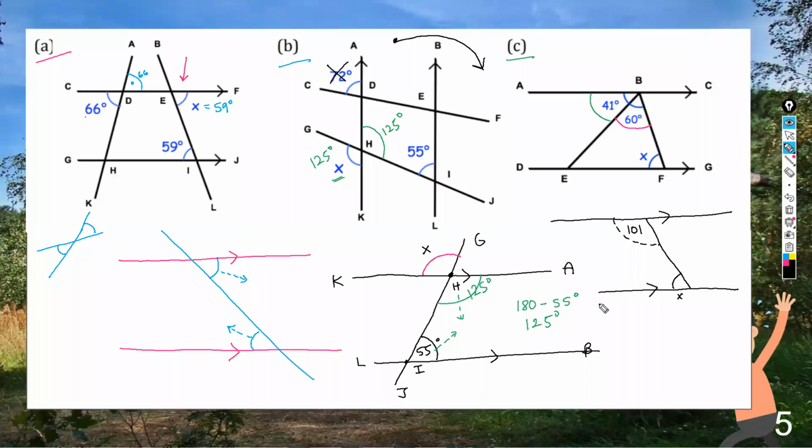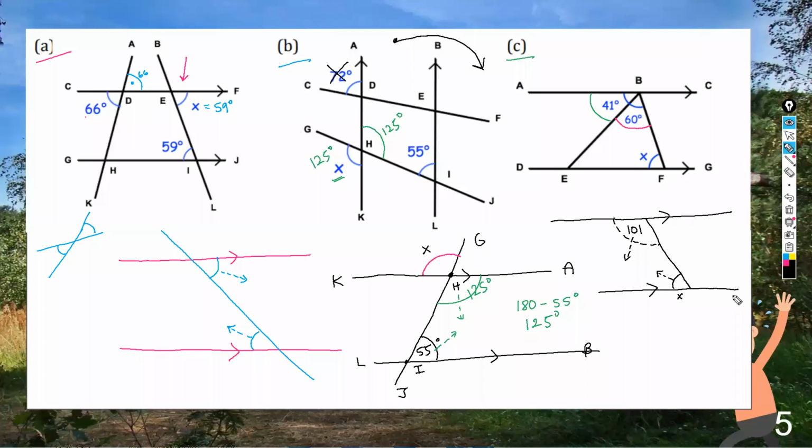Now look at this, guys. It's two parallel lines. There's a line slicing here. He's looking downwards, he's looking upwards. Can these two eyes see each other? Yes. So what situation is that? Is that alternating, corresponding, or interior?